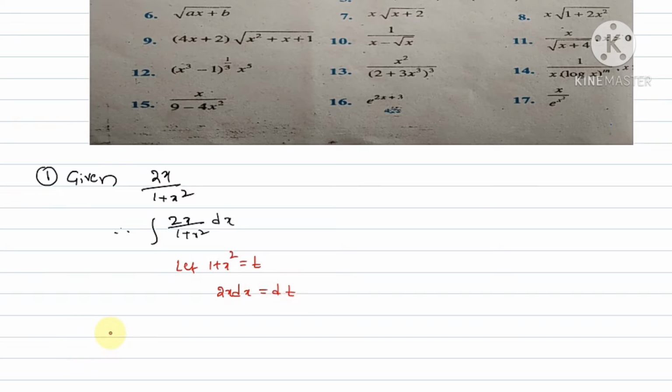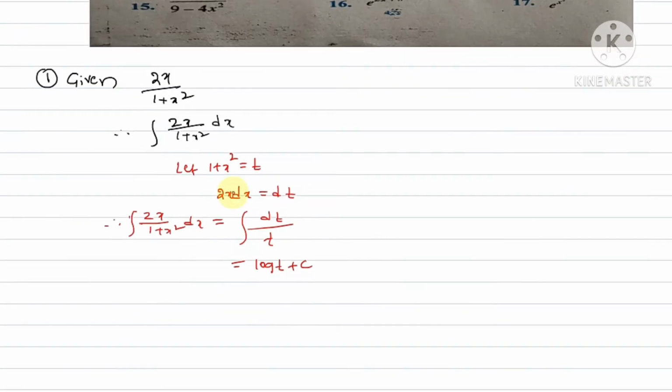Now we substitute all the values in the above equation. Integration of 2x upon 1 plus x square dx is equal to, 2x dx is dt, and 1 plus x square is t. This is of the form 1 by t, and the integration of 1 by x is log x, so this is log t plus an arbitrary constant c. Substituting t, the value is 1 plus x square.